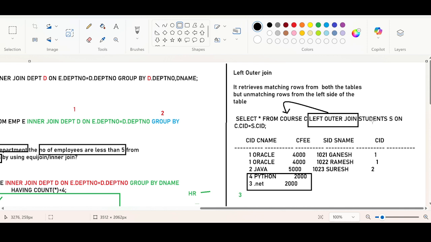If I want to display the unmatched records of the students table, I can simply do the inversion here.